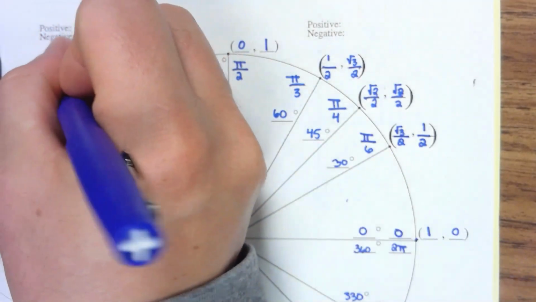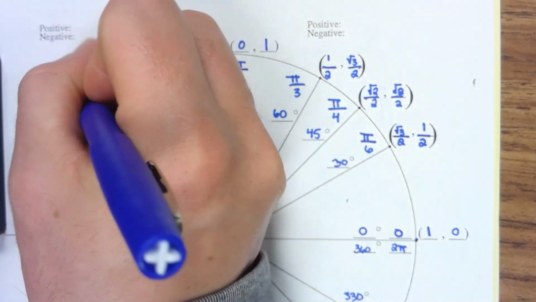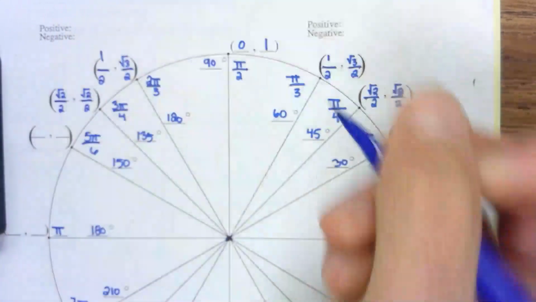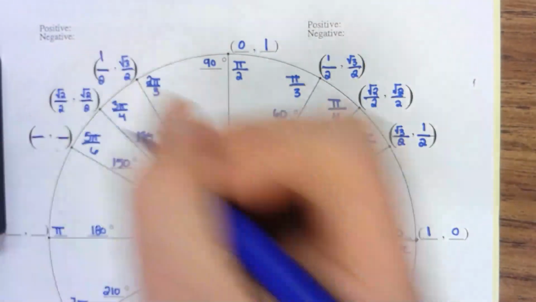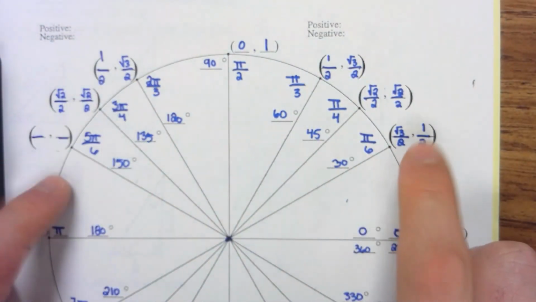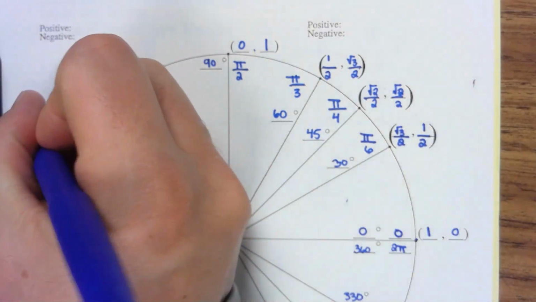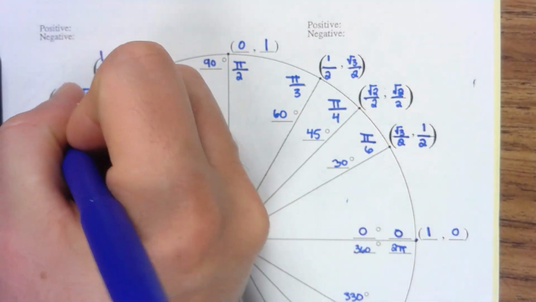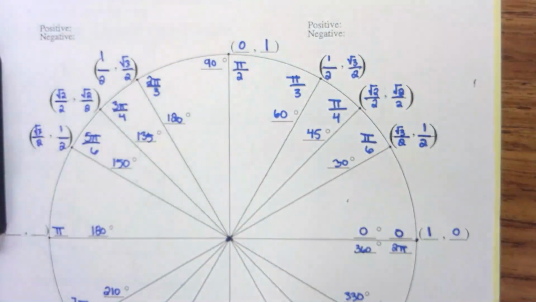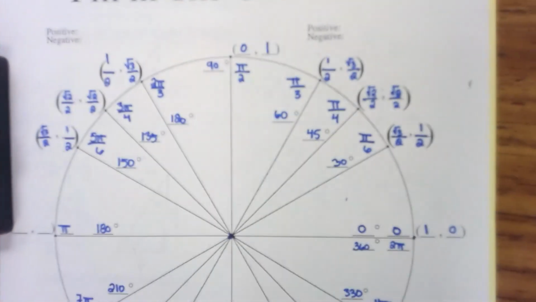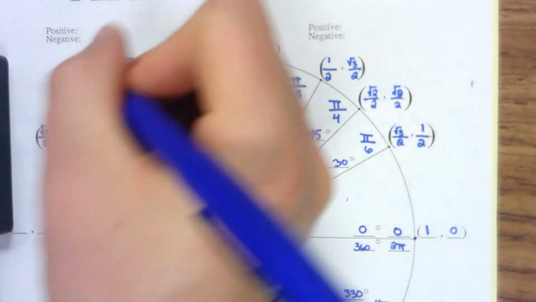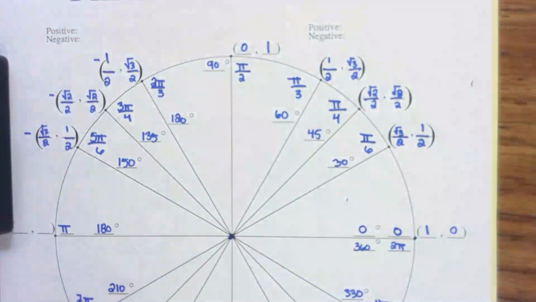At 3 pi over 4, that's root 2 over 2. And then at 5 pi over 6, it's the same coordinates as pi over 6, where x is root 3 over 2 and y is 1/2. But in quadrant 2, x is negative. So all these x coordinates are negative.